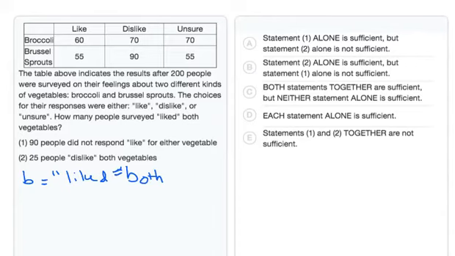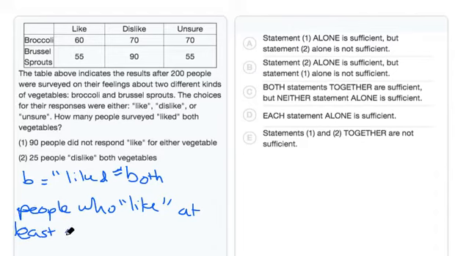Based off of the information given in the tables, along with overlapping set knowledge, we know that the people who like at least one vegetable should equal all of the people who like broccoli.